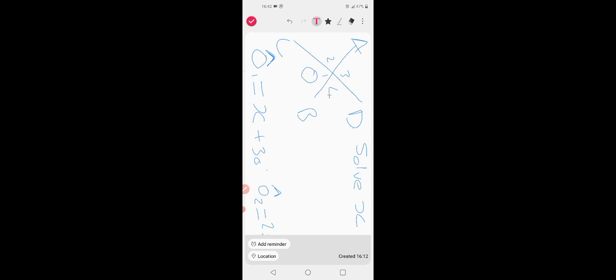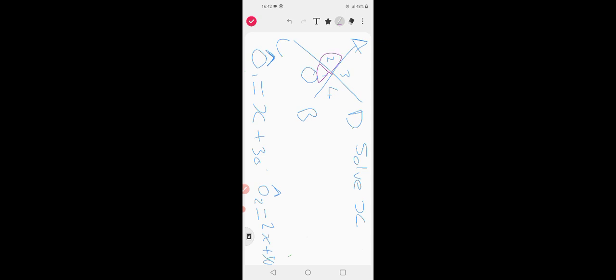All right. So if we've got, this is what we're given. So here we have an x, which means we can use vertically opposite. So these two are opposite each other, so we can use vertically opposite. But what we have is O1, and we've got this one, and we've got this one.